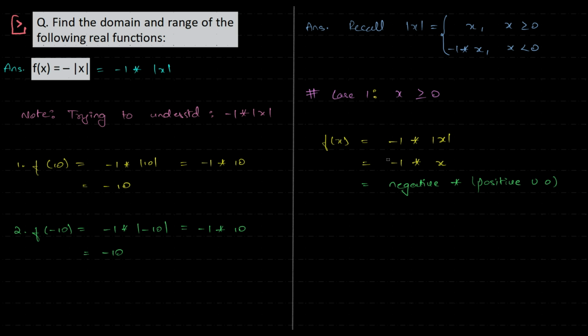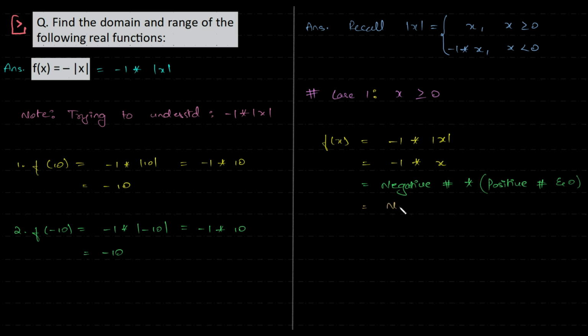So negative number into positive number. Actually, I should be considering 0 as well. If you're multiplying a negative number and a positive number, what do you end up with?